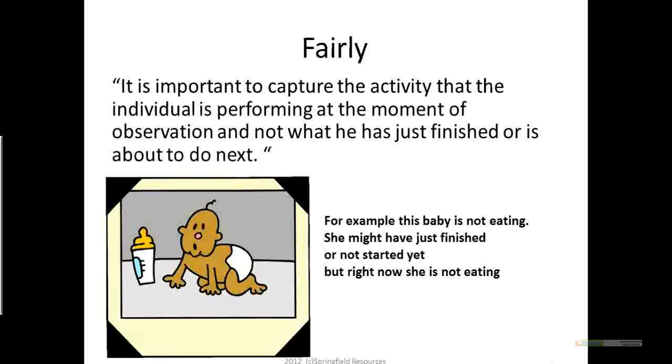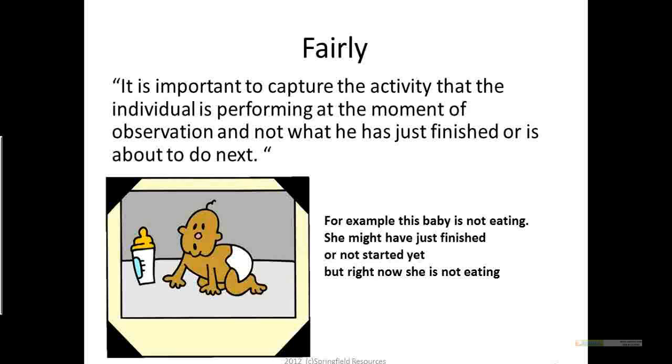Now, some of the rules. I mentioned the word fairly, and it's important to capture what the person was doing at the instant of the observation and not what he just finished or was about to do. So you don't want to anticipate what the person's going to do. You want to capture what they're doing at the moment.